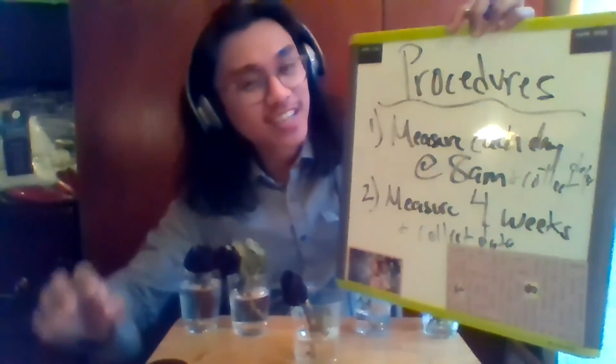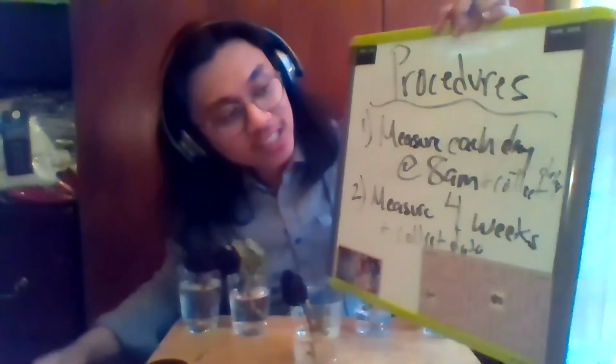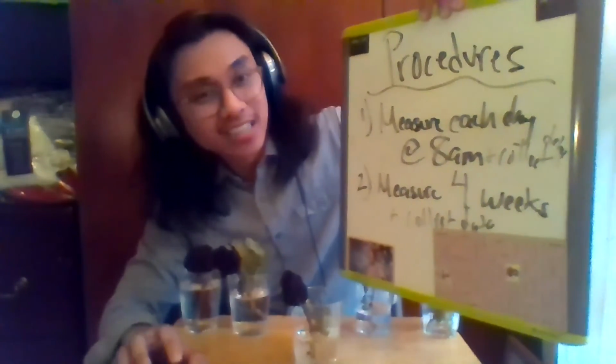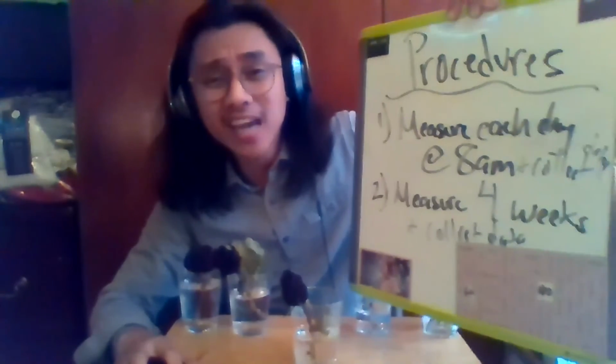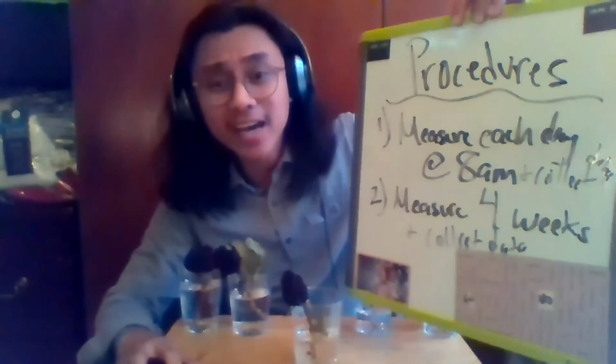I wrote my procedures down here. I'm going to measure each day at 8 a.m. the growth of each plant 1, 2, 3, and 4. Not the control group, just 1, 2, 3, and 4. I'm going to measure it again in centimeters on my data table. In my procedures, I said that I'm going to measure it for 4 weeks. 4 weeks every single day collecting my data.